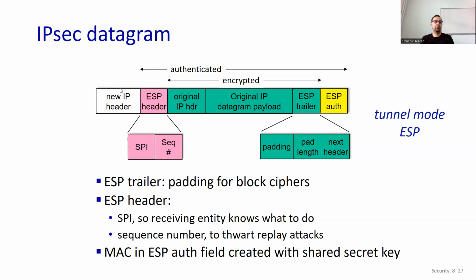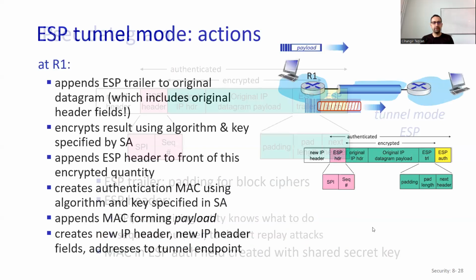So for the outside world, this just looks like an ordinary datagram with a header and the payload, but the original payload is here, and everything is encrypted and so on. Okay, let me look at the slide to see if I missed anything. Yes, sequence numbers toward replay attacks. Yes, we already mentioned this.